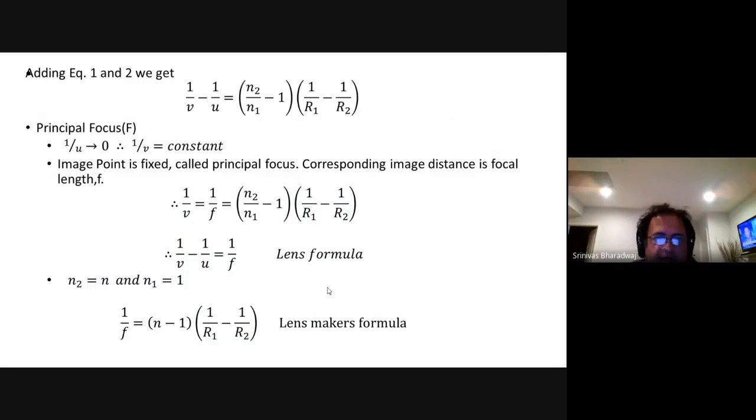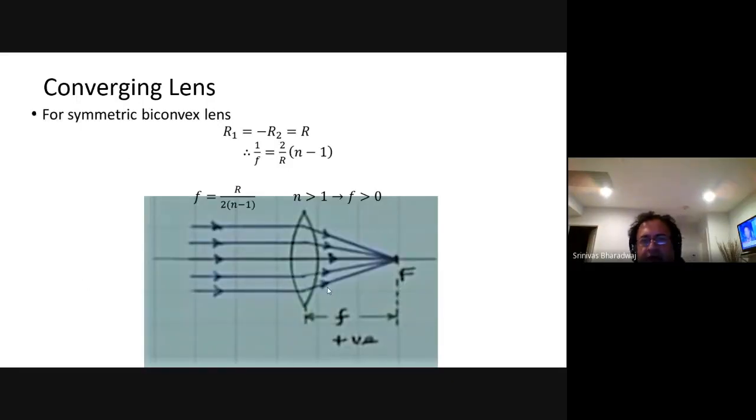Now for a converging lens, F equals R by 2 times N minus 1, and in the case of glass, it is approximately R.